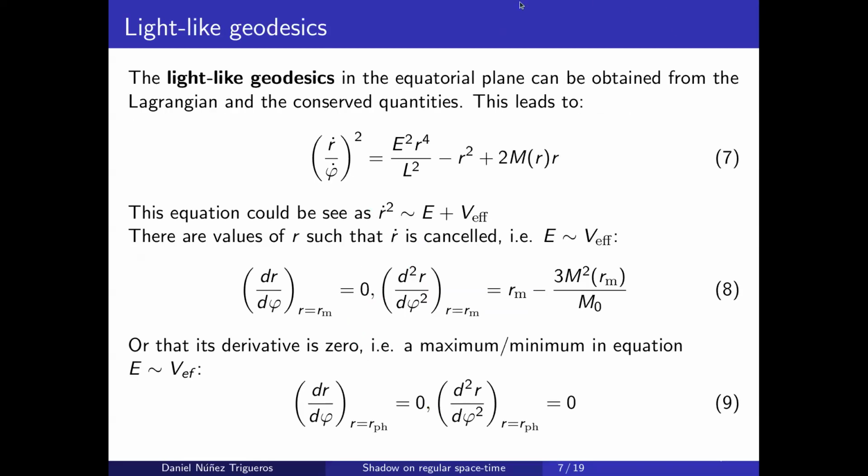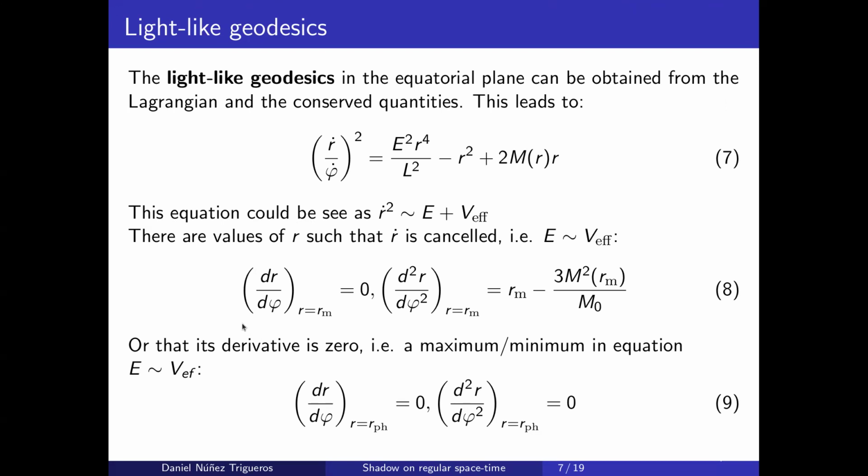So now that we have how the massive particle moves, we need to know how the photon moves in the space-time. So we're going to need the null geodesic equations. And for that, we're going to use the Lagrangian again and obtain 7. From this equation, you can identify a term associated to the kinetic energy, one for the energy in general, and one that we call the effective potential.